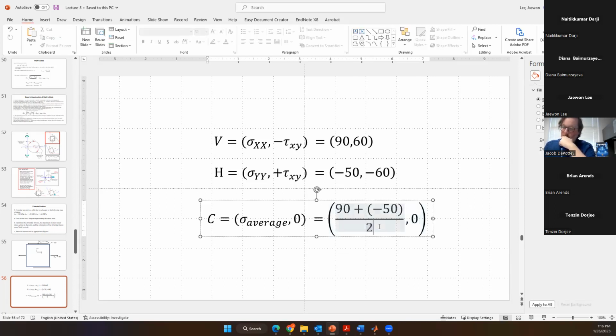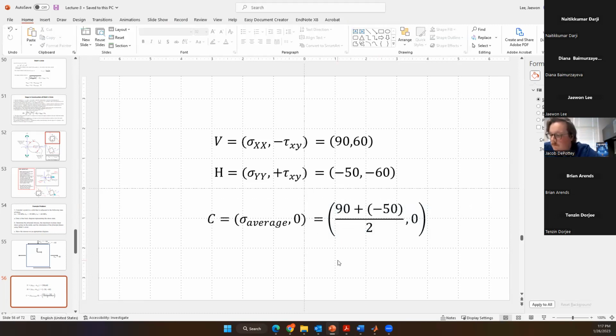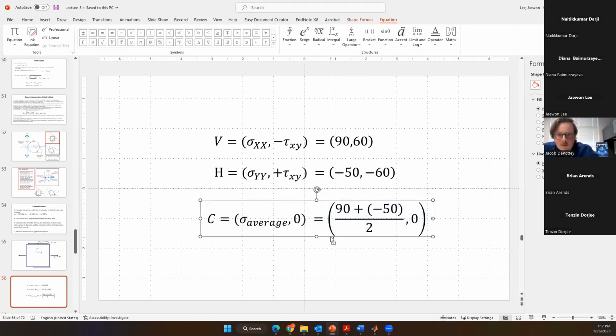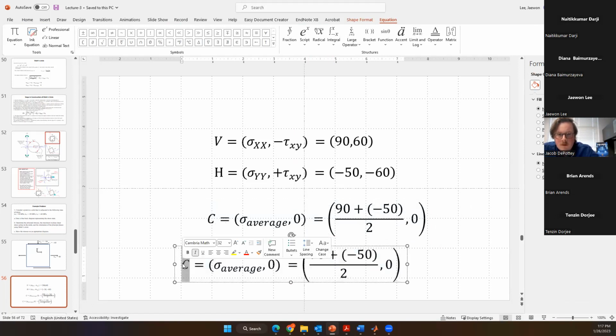I think you can calculate this. So we can calculate R.